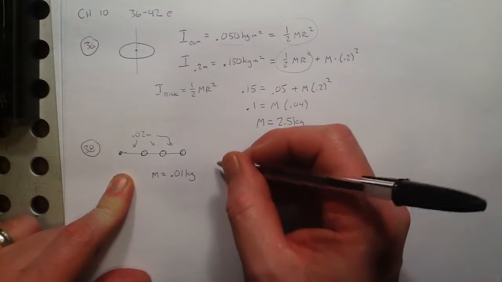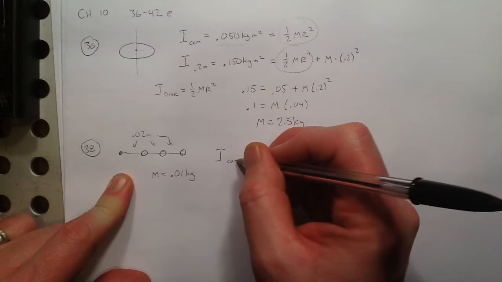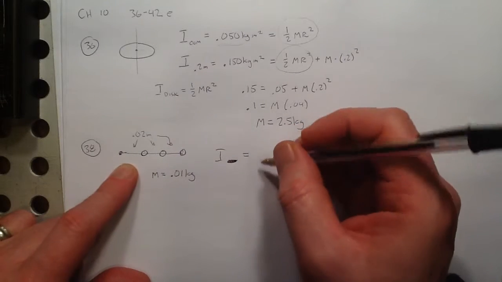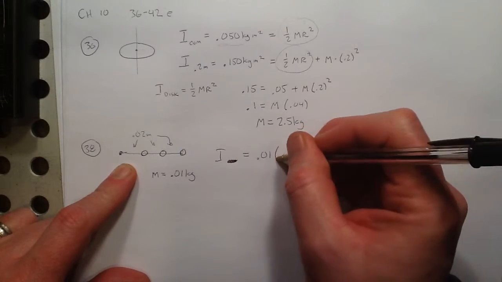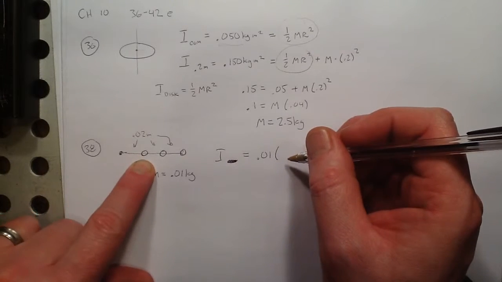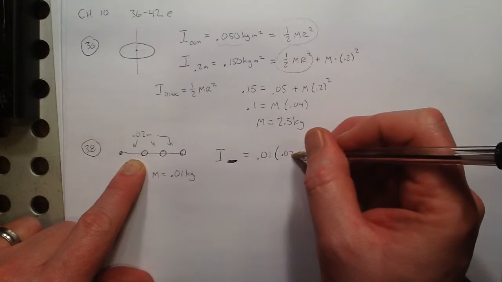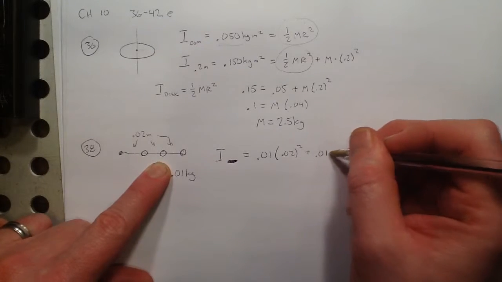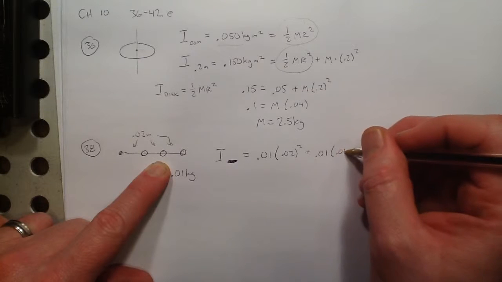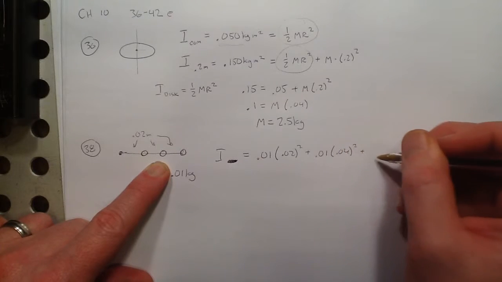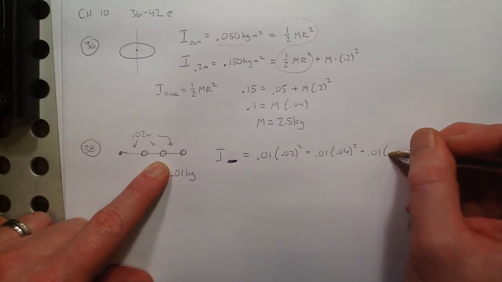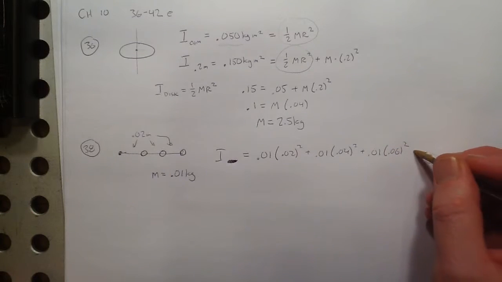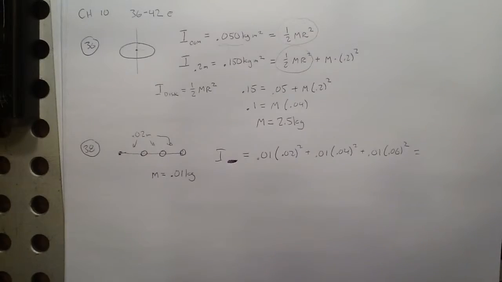So the total moment of inertia around that axis is just m times r squared summed. The r of the first particle will be 0.02, the r for the second particle will be 0.04, and 0.06 for the third particle. That's the total.